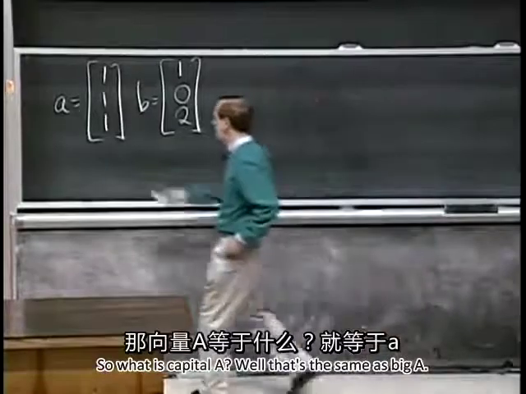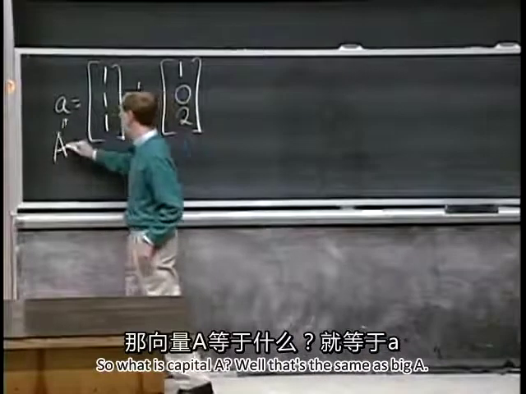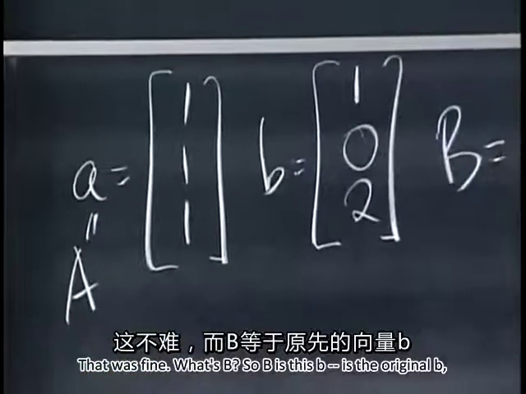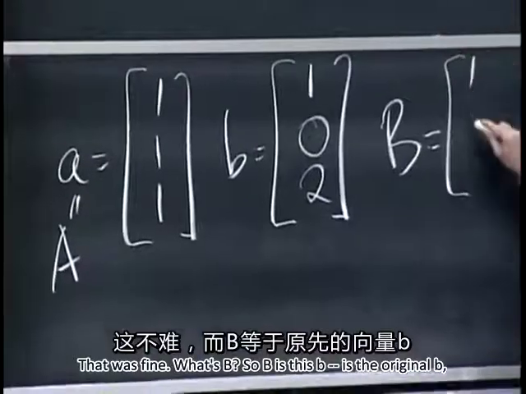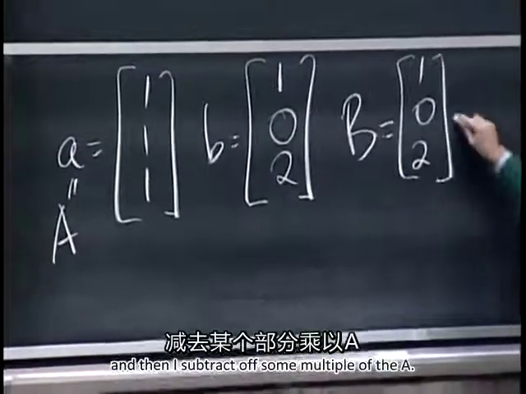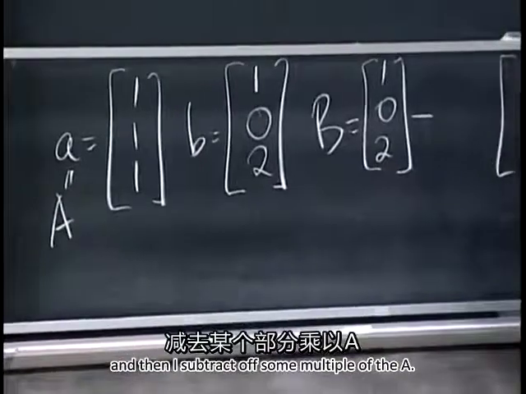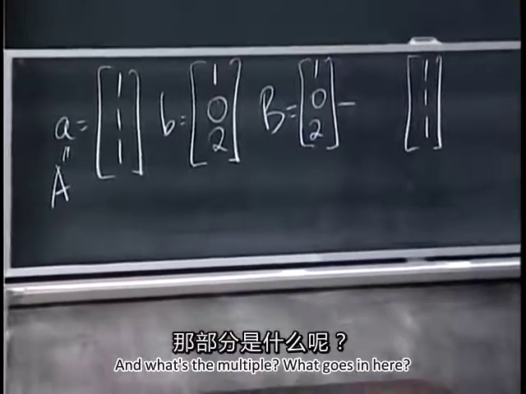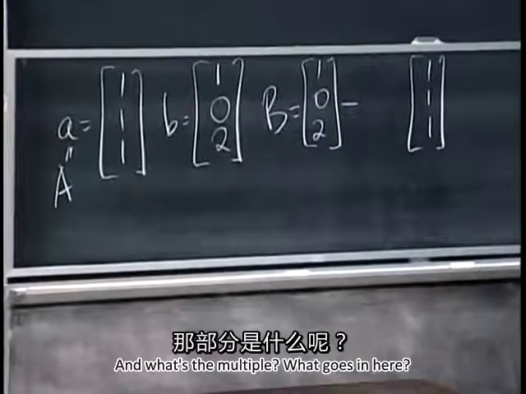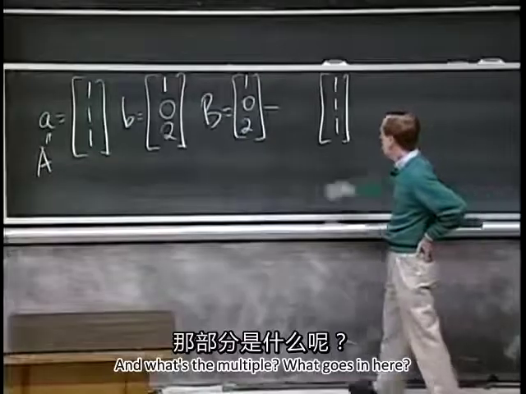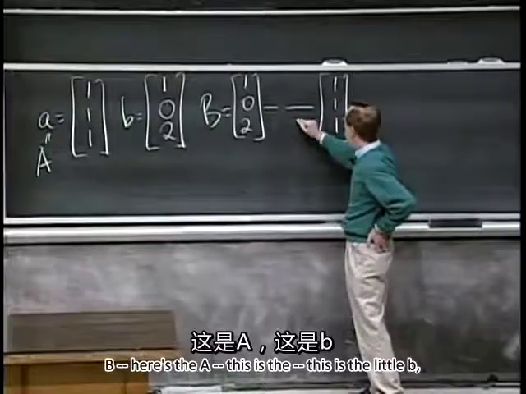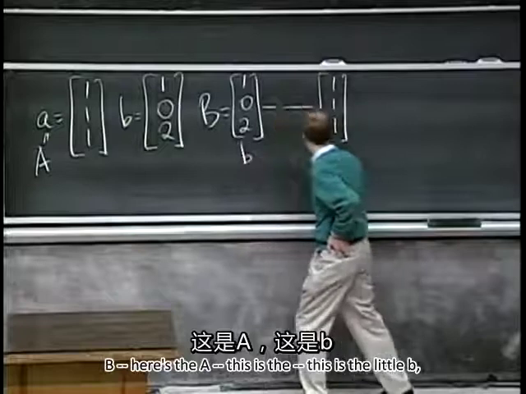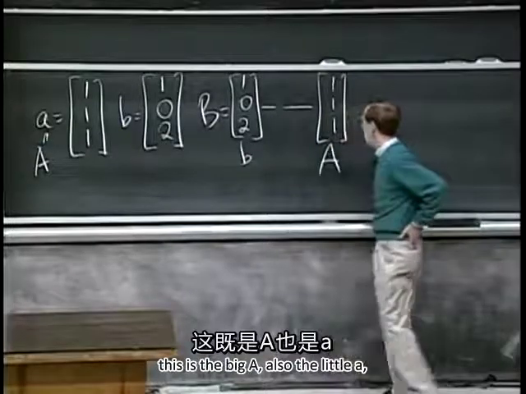So what is capital A? Well, that's the same as big A. That was fine. What's B? So B is the original B, and then I subtract off some multiple of the A. And what's the multiple? What goes in here? B. Here's the A. This is the little b. This is the big A, also the little a.